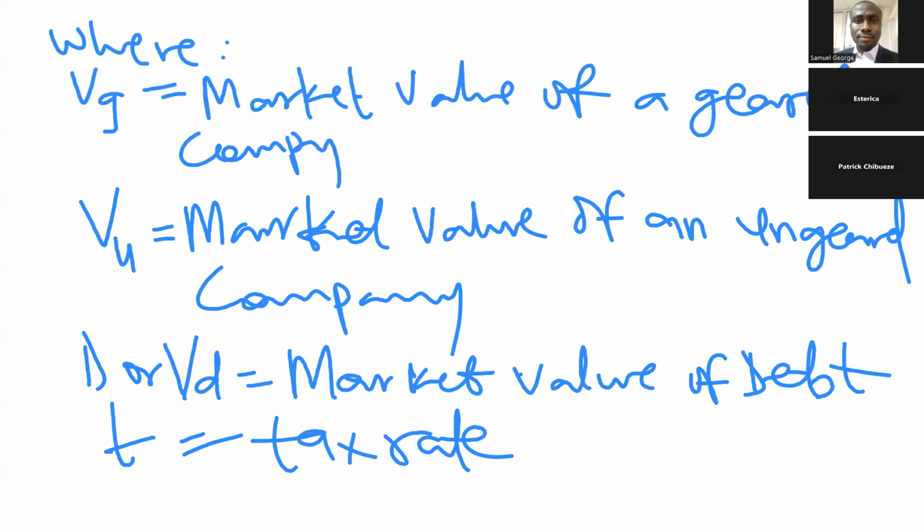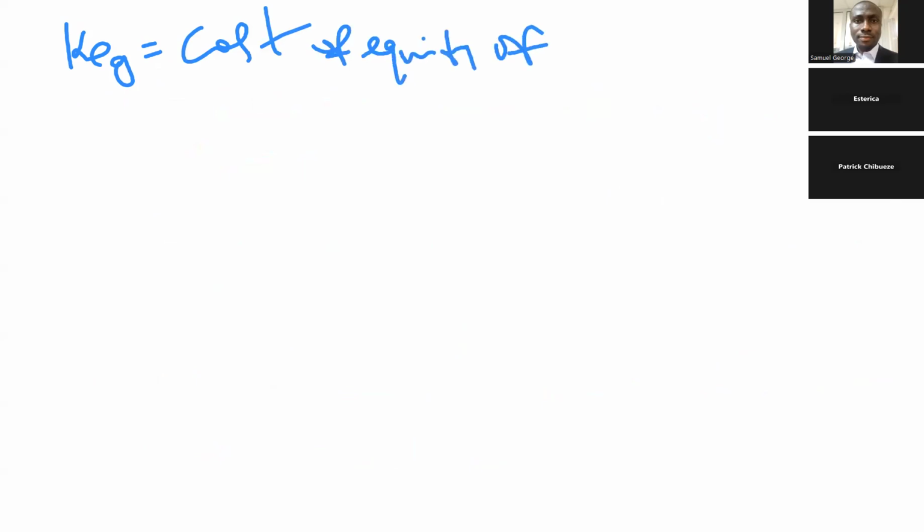Then I'll move to the next slide. Then we have KEG, you already know this one: cost of equity of a geared company.